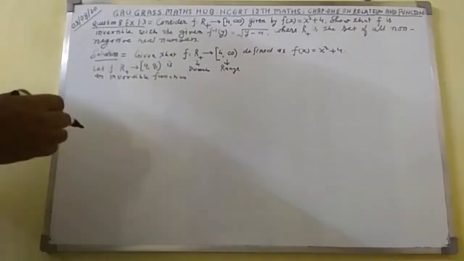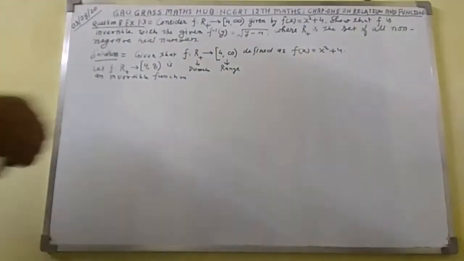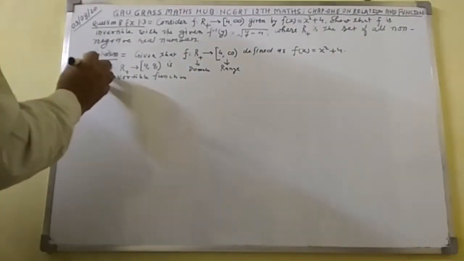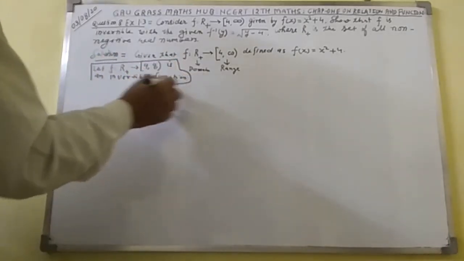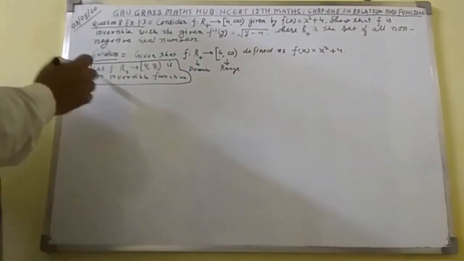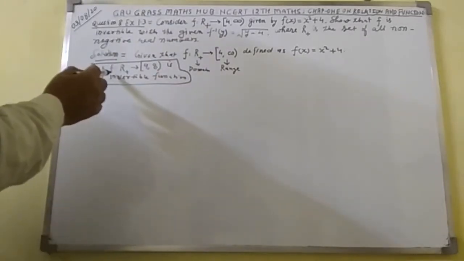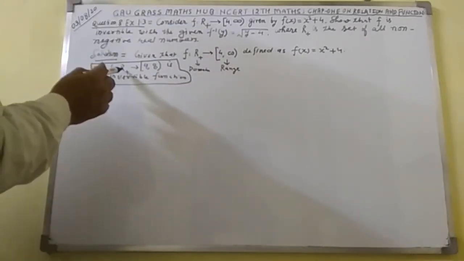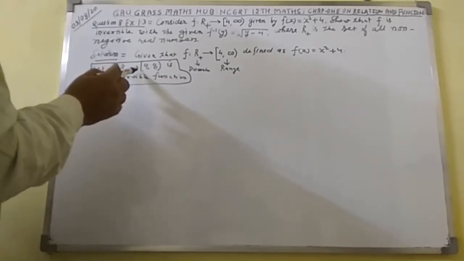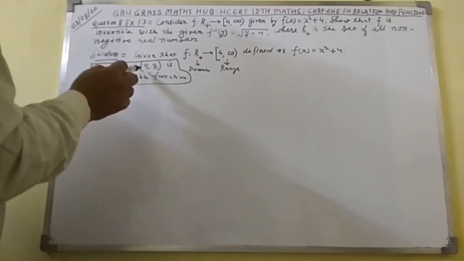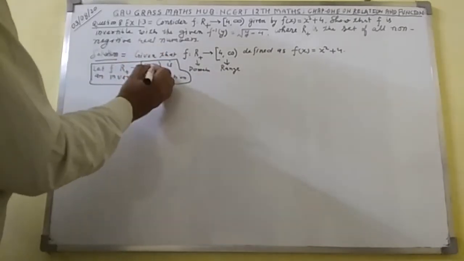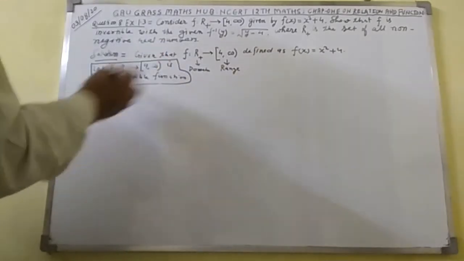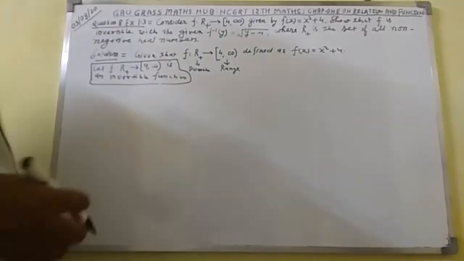Here I have let f be a function from the set of positive real numbers to the closed interval [4, ∞), an invertible function.